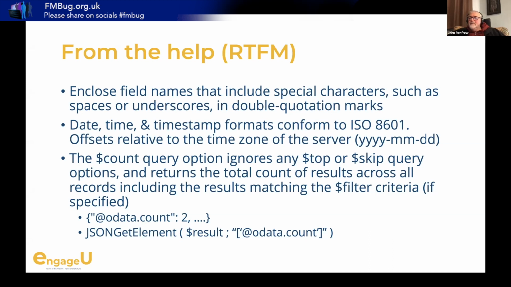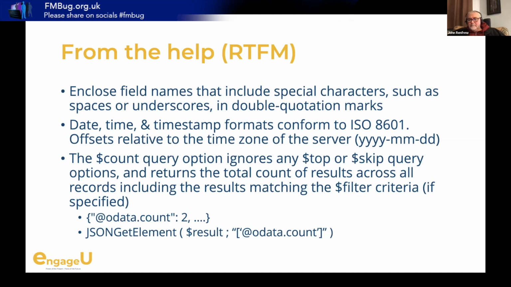If you use top and skip, that's the filtered portal version of this thing, where you only want to see the most recent, or you just want to see 5. Count ignores those other criteria. But if you're not doing something to deliberately reduce the number of records you get back, it means you don't have to have a custom function that says, what's the size of this array on the way back? You've already got the answer.